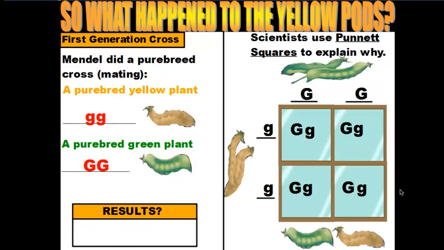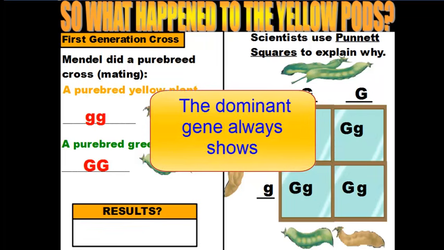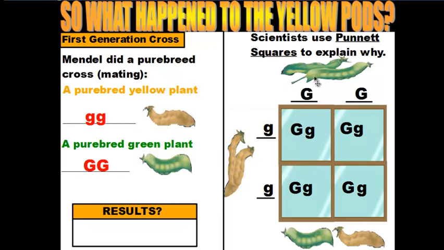This is where you need to understand the rules of dominance and recessives. Whenever you take a look at the genes in an offspring, if there's ever a dominant gene paired up with a recessive gene, the dominant gene is always going to show. So since in this cross, or in this mating pair, the dominant gene is green, which is shown by the capital letter, this offspring is going to be green.